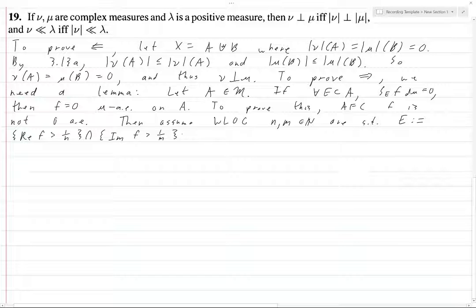Yeah. So this is the set, such that mu of E is greater than 0.